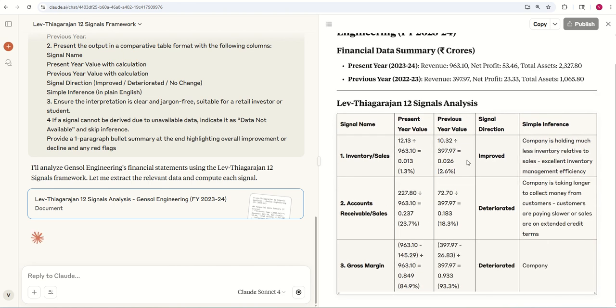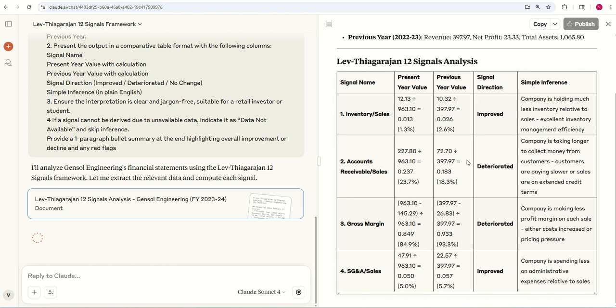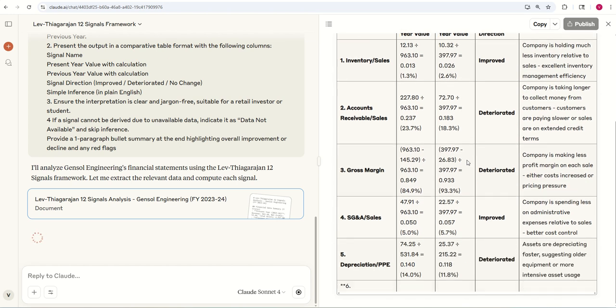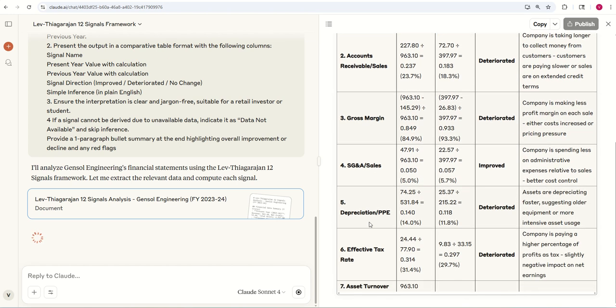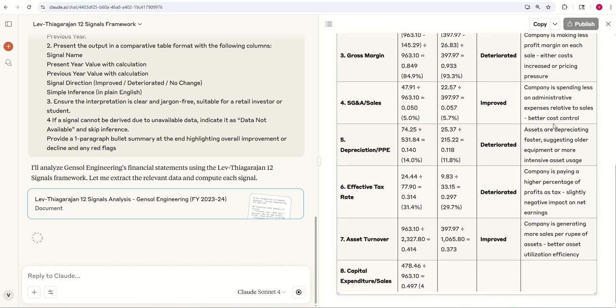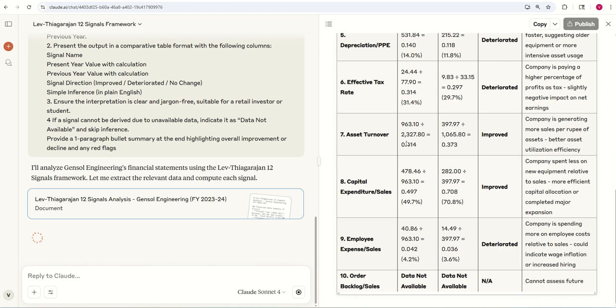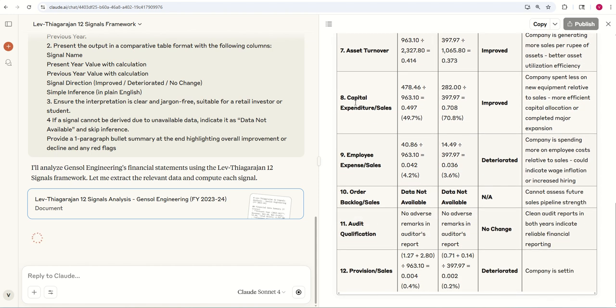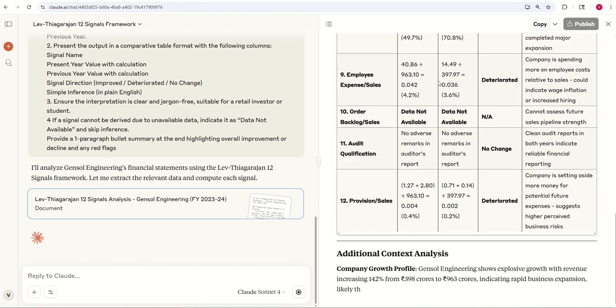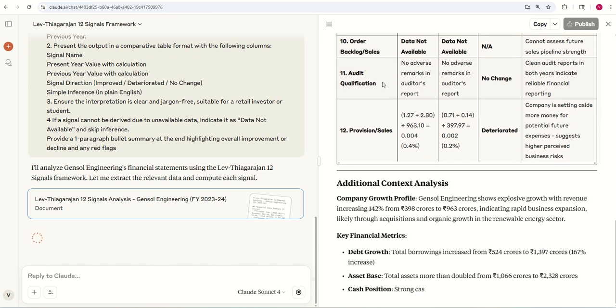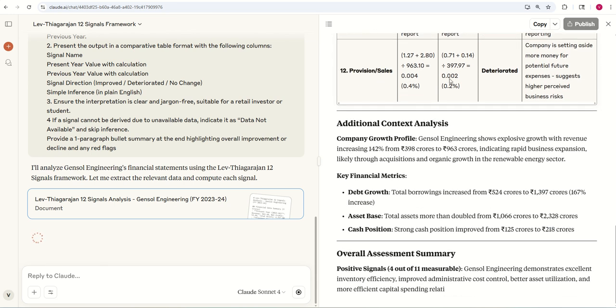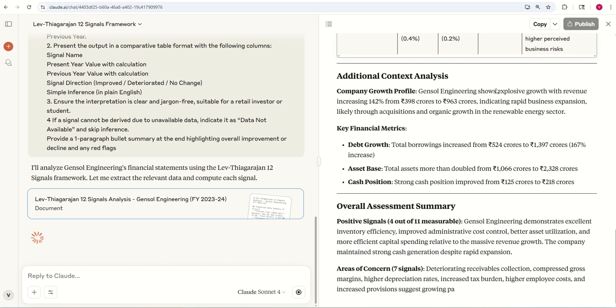Okay, the first one is improved. Second, accounts receivable by sales has deteriorated. Gross margin deteriorated. Depreciation versus PP&E deteriorated. Effective tax deteriorated. Asset turnover has improved. Capital expenditure improved. Employee expense per sales deteriorated. Audit qualification, no change. Provision by sales deteriorated.